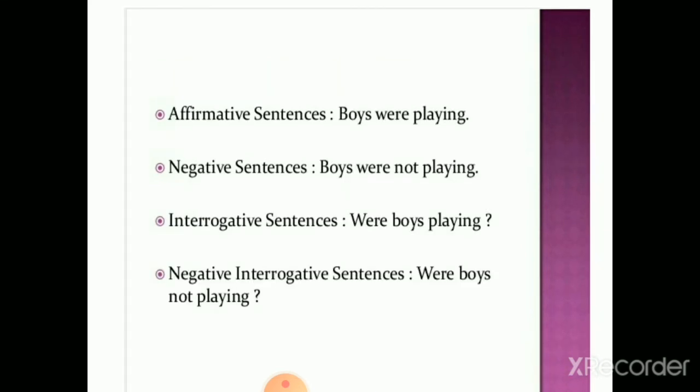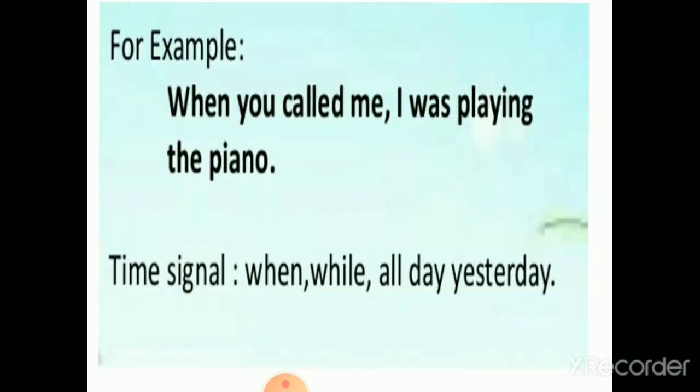Boys were playing, boys were not playing, were boys playing, were boys not playing. I hope that you can easily frame these sentences. For example, when you called me, I was playing the piano. Time signals: when, while, all day, yesterday. These are the time signals.